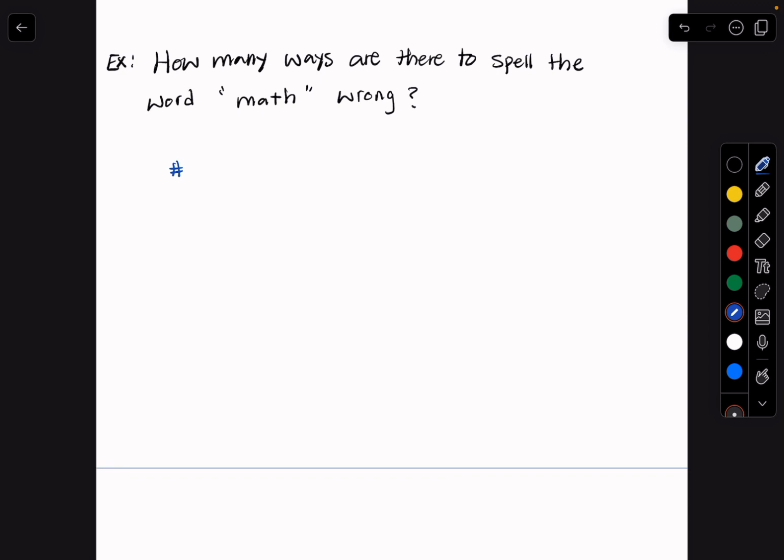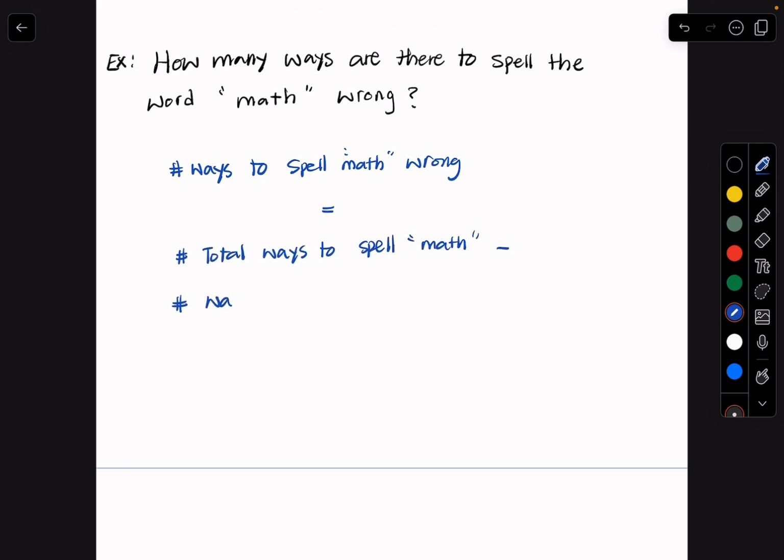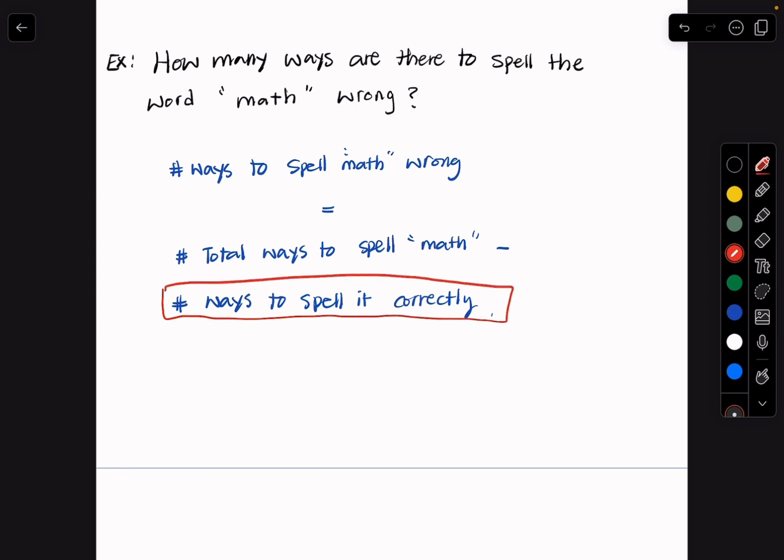Of course, I know that the number of ways to spell the word wrong will just equal the total ways to spell the word minus the ways to spell it right. And of course, I know that the number of ways to spell it correctly will just be 1, because the only way to spell it right will just be M-A-T-H, this arrangement.